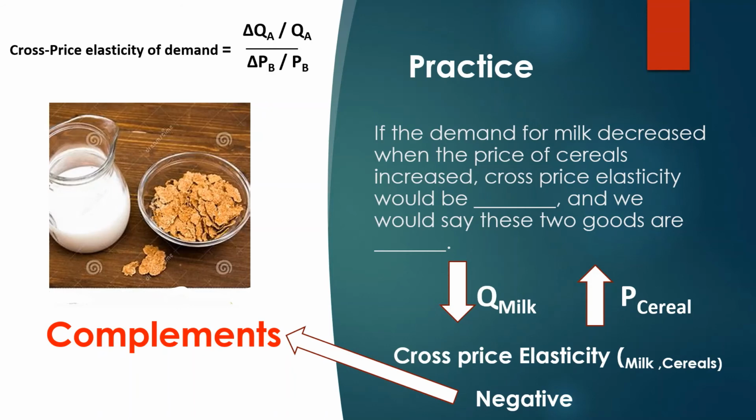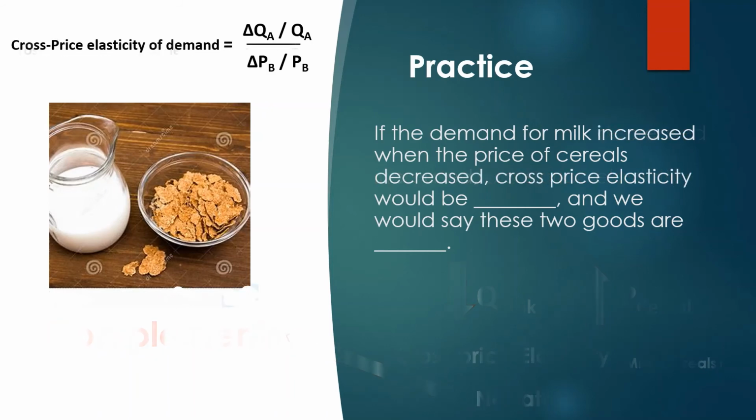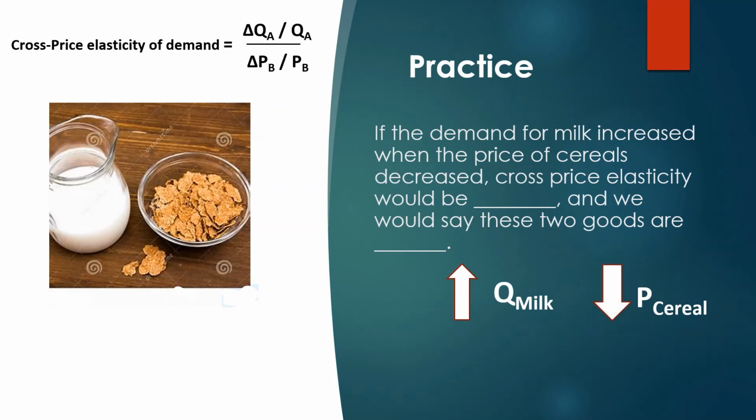Now consider the opposite situation in the same market of milk and cereal. If the demand for milk increases when the price of cereal decreases, then what would be the sign of cross price elasticity of demand?